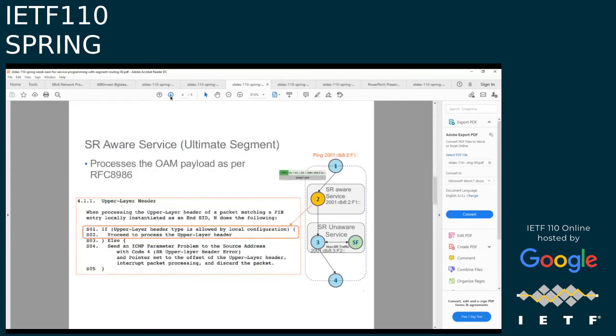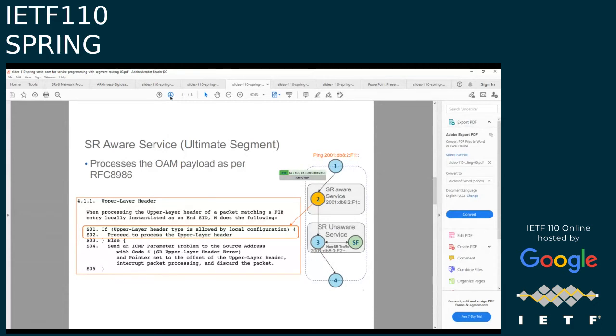The next slide, please. In this slide, we are at node number 1, which is the UUT. This is an example of a ping to node number 2, which is an SR aware service. Since this service is SR aware, it processes the packet as per RFC 8986.